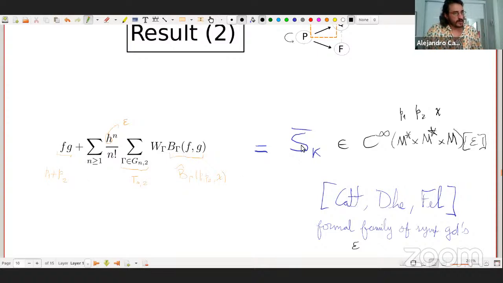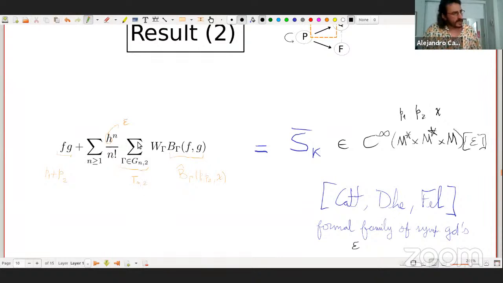To get to the formula that they provided, first we change f times g by p1 plus p2. You can think that you are looking at the logarithm of this when these are exponentials. Another thing is that we change the name of the formal parameter from h to epsilon. This might sound silly, but it's conceptually important.